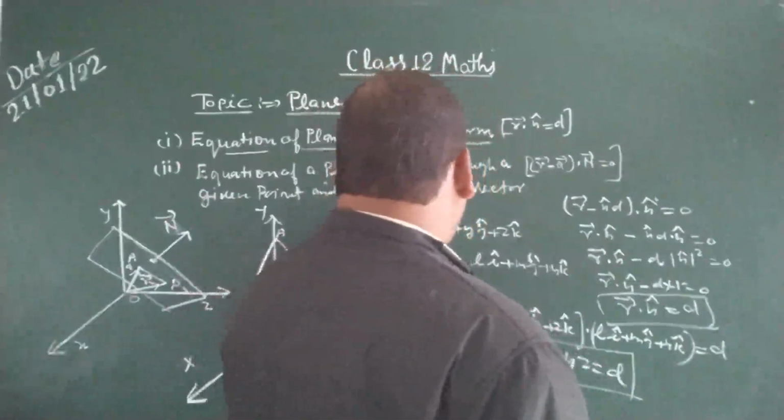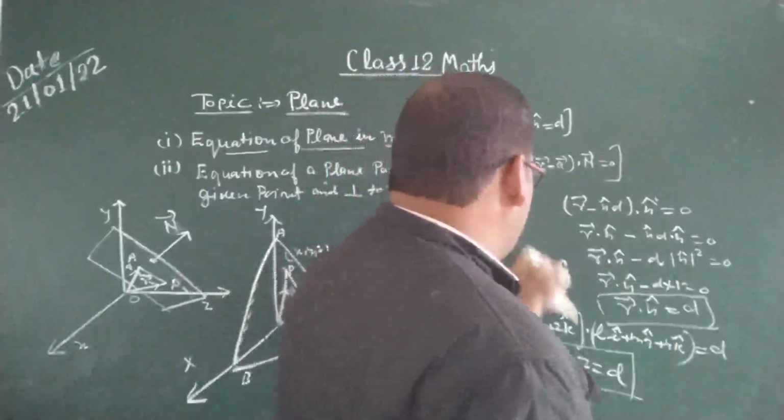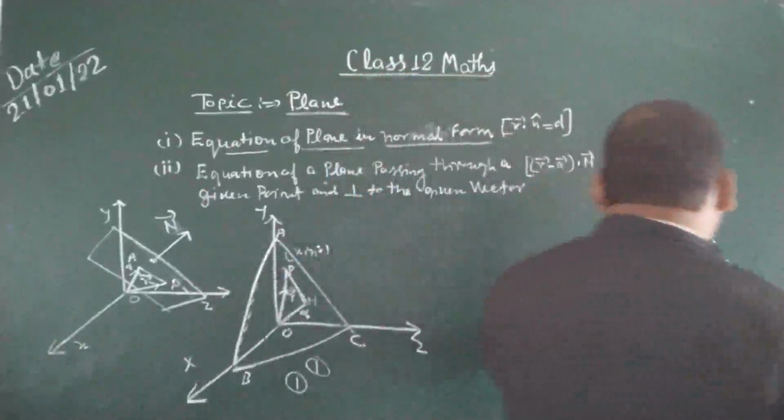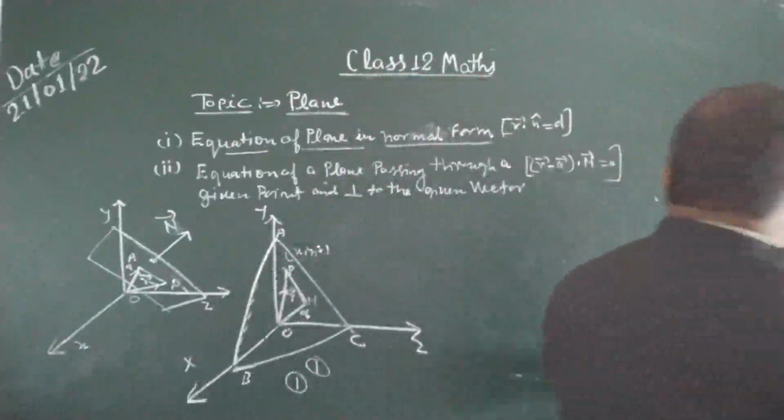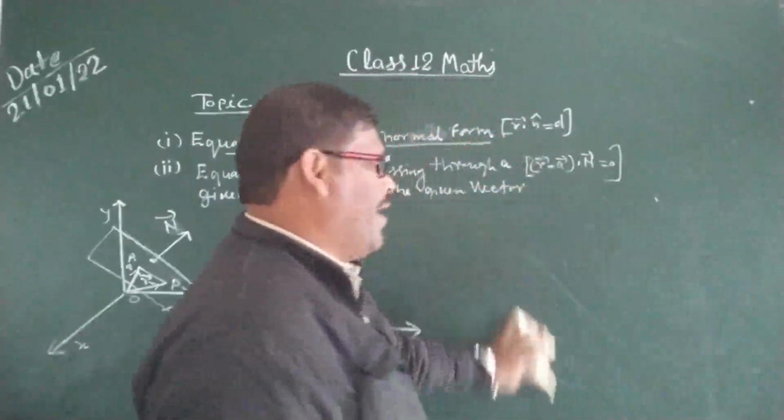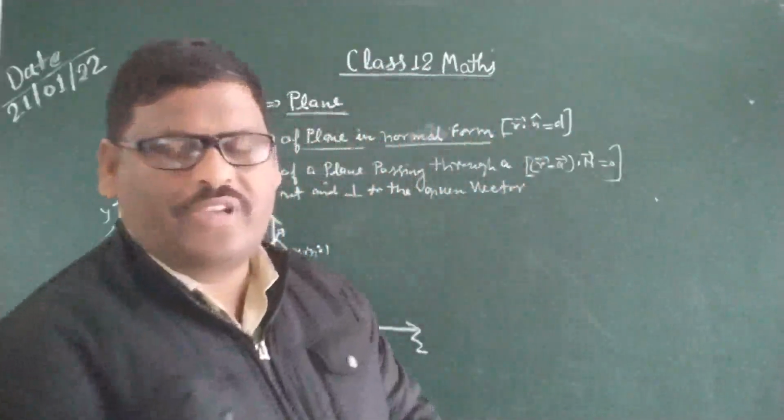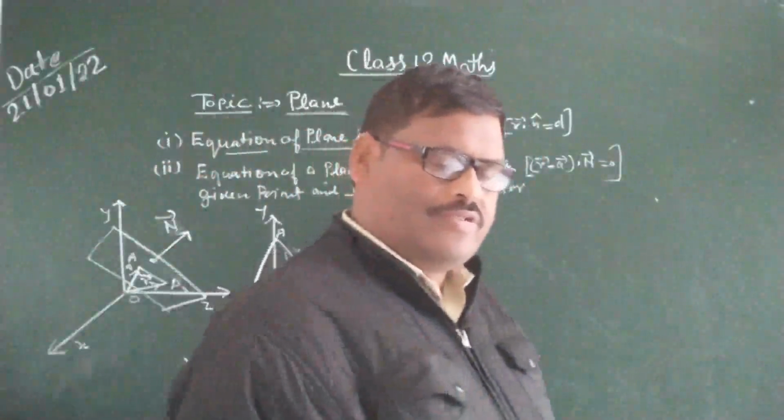First of all, we find the unit vector in the direction of the normal vector, that is n cap, and after that apply the formula r dot n cap is equal to d, and we can find the required solution.